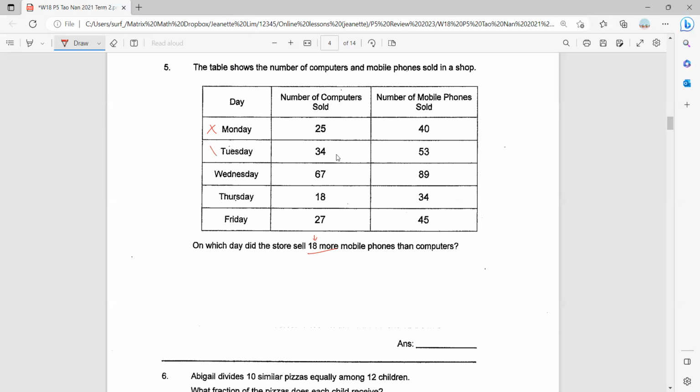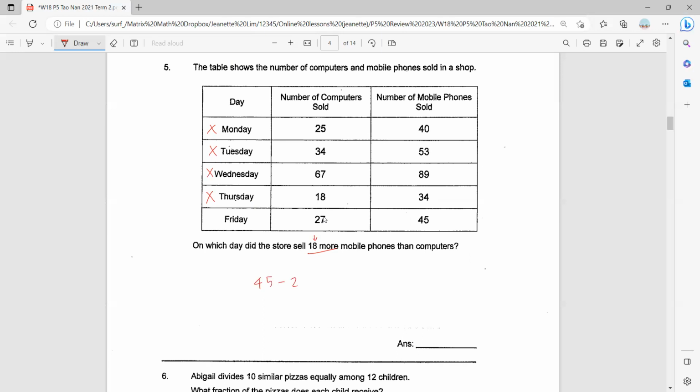So no, that will not give me 8. 9 minus 7, that's 2. So no. 4 minus 8, which means 14 minus 8, which will give me 6. So no. Then the last one, 5 minus 7, 15 minus 7. Yes, I'll get 8. Then I check. Will I really get 18?